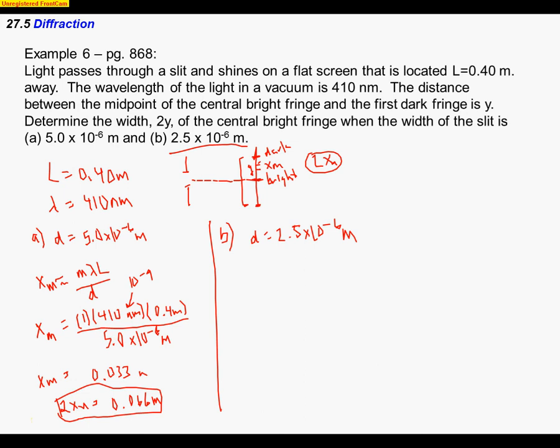So that means our answer should be twice as big as it was before. And if we plug all of the numbers in here to verify, we find that that's true. So we get a value for 2xm for part B of about 0.13 meters. That's pretty much double what this was before.